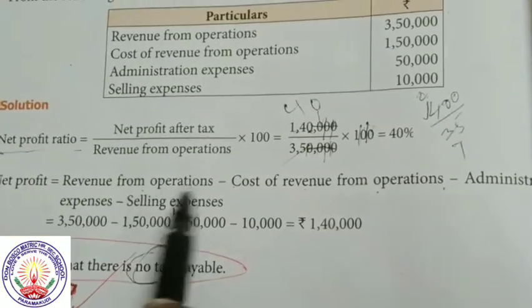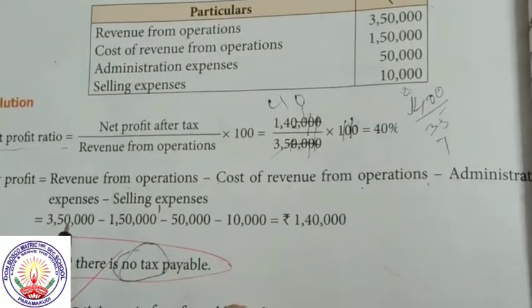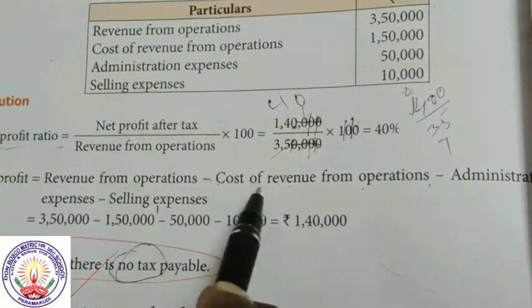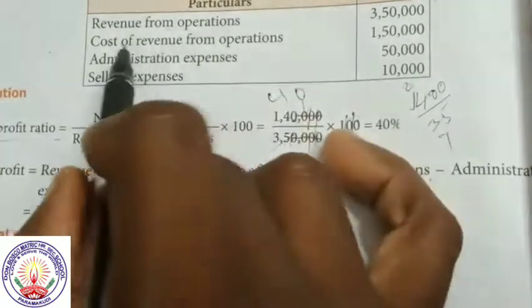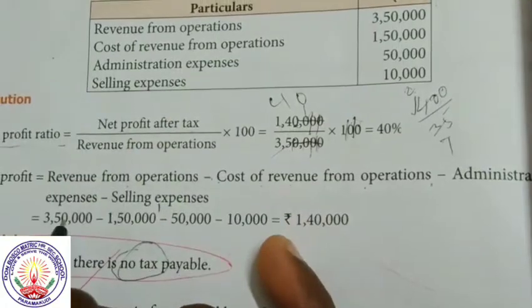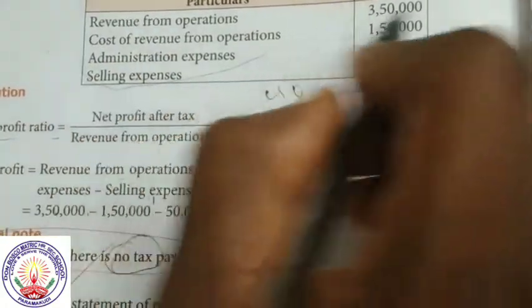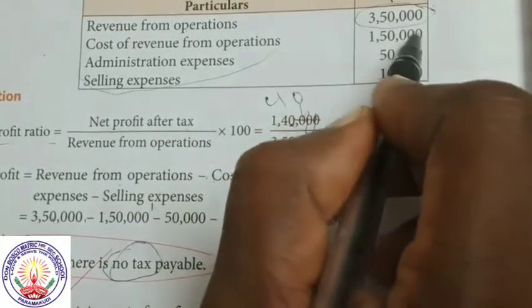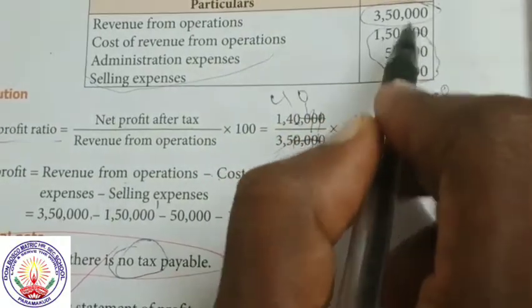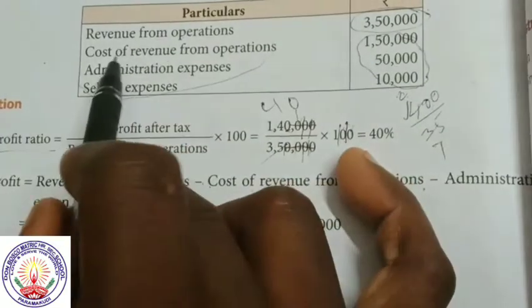Now, revenue from operation is 3,50,000. Take minus cost of revenue from operation. Revenue means income, so for income we take the expenses as less. First of all, take the 3,50,000 and subtract the expenses.